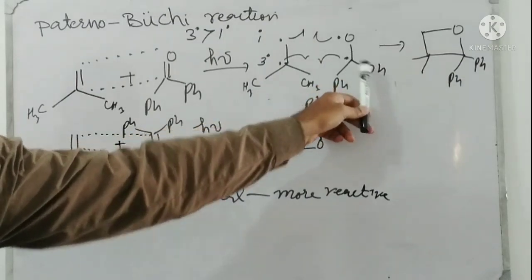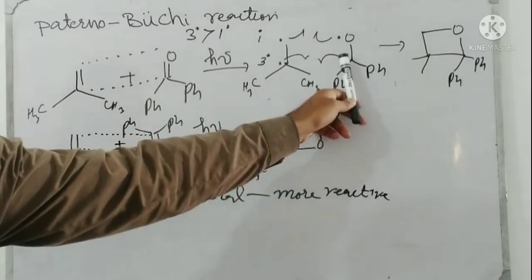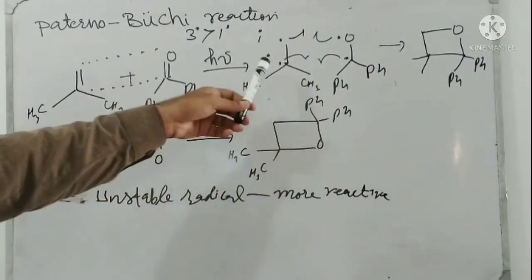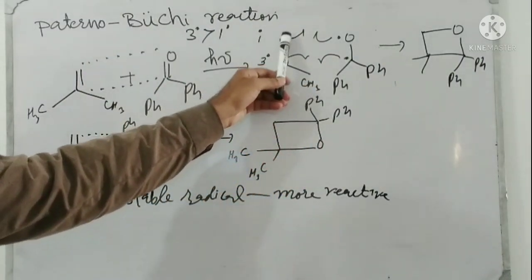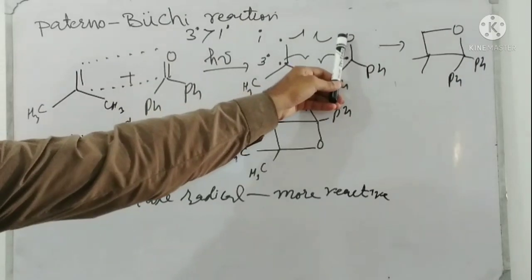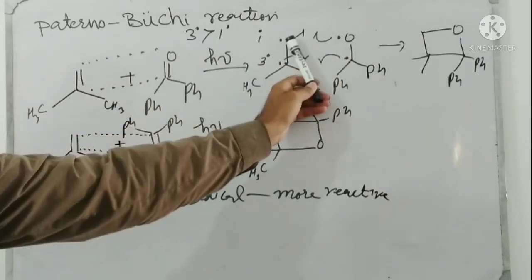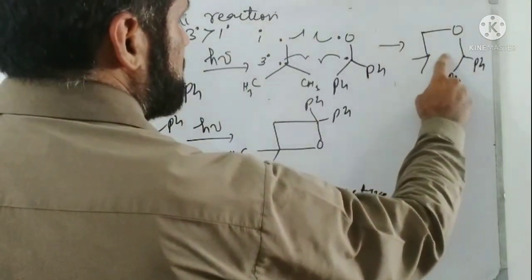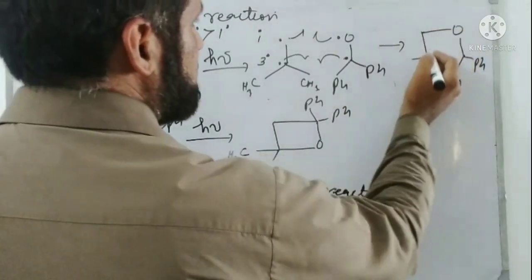Here the two phenyl rings are attached, which makes this radical more stable as compared to this one. So in this case, this radical is less stable and this radical on oxygen is less stable, so they make the bond quickly. If we make this product, this bond is formed quickly.